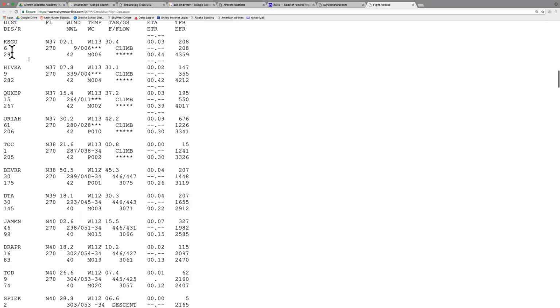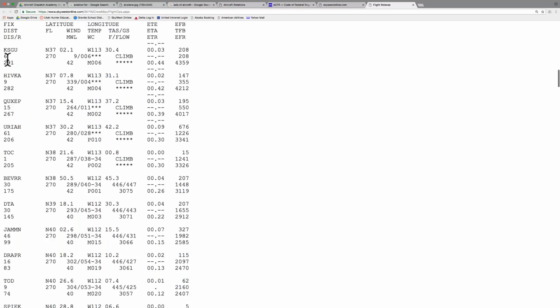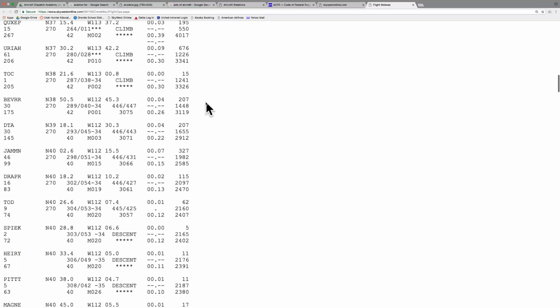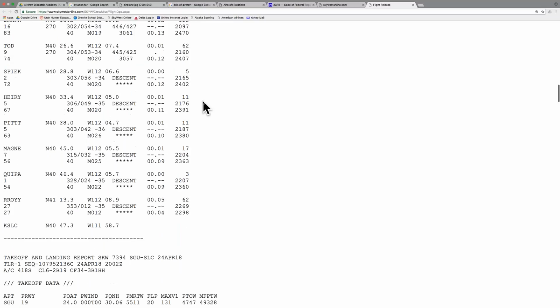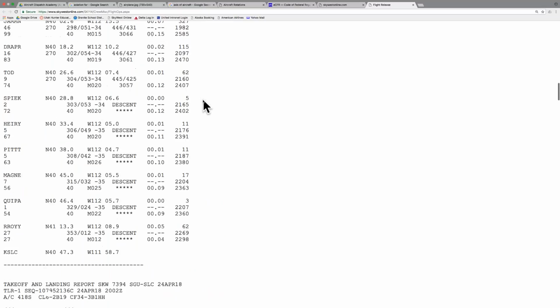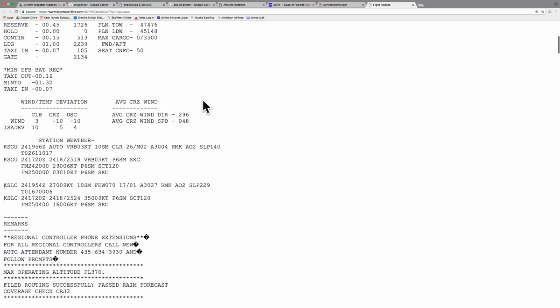We can see the St. George Airport, the amount of distance that was flown right here, our latitude and longitude, the flight level we're expected to be at, what the winds are doing, things of that nature. We're going to look at times over here, things like that. So, yeah, that's your guys' introduction to a flight release.